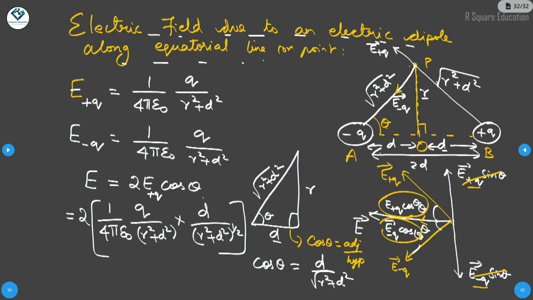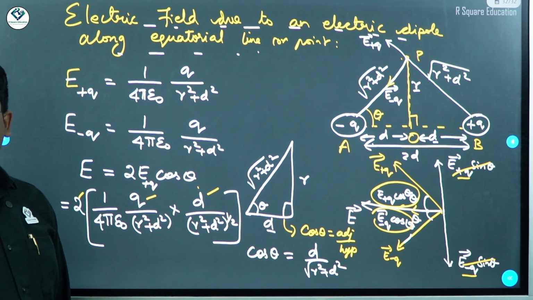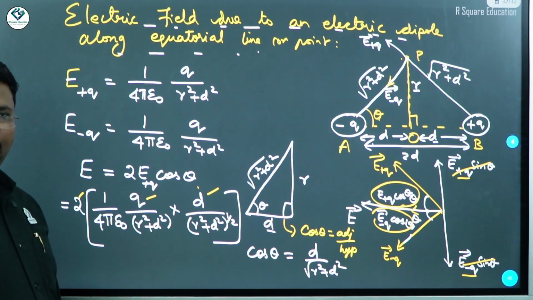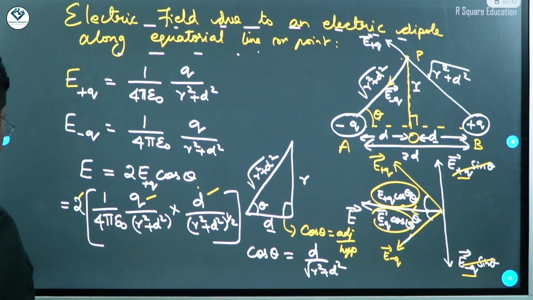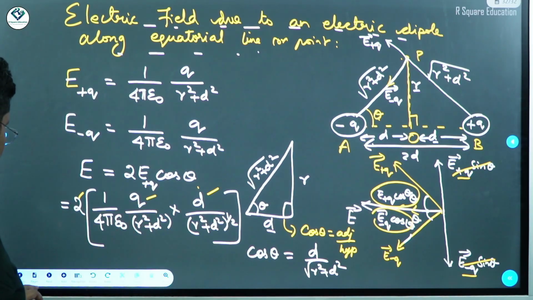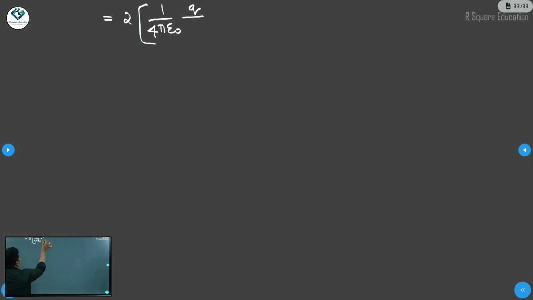Yes? 2QD, what is this? P, dipole moment, right? So I got dipole moment now in the equation, that's it. So I rewrite the same equation in the next page. So you got 2 1 by 4 pi epsilon naught, good.